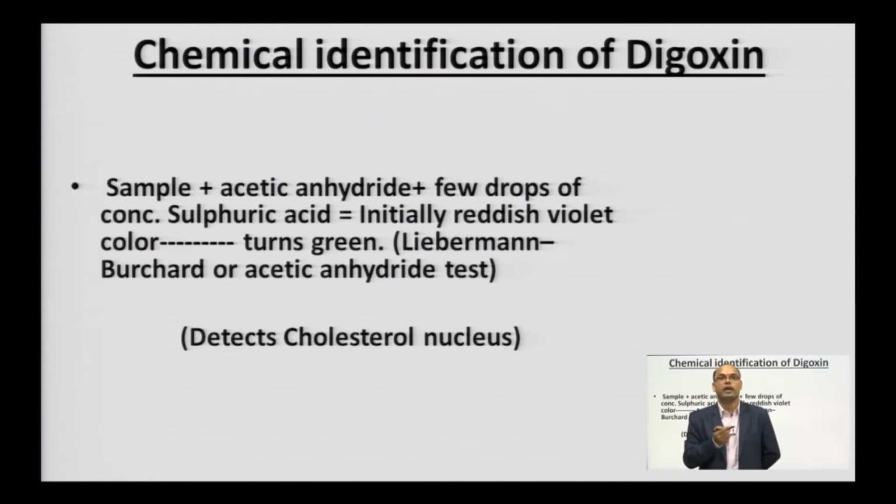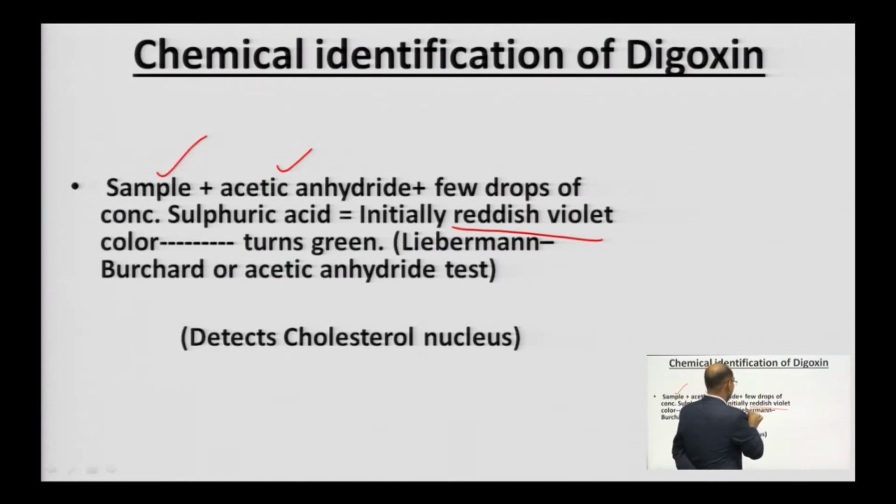For that you have a specific test, where we take the sample and treat it with acetic anhydride, and the mixture is then added with a few drops of concentrated sulfuric acid. The initial reddish violet color is obtained by addition of acetic anhydride and sample.